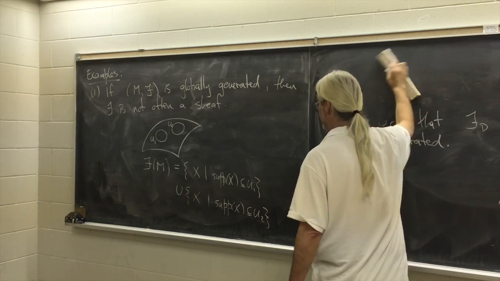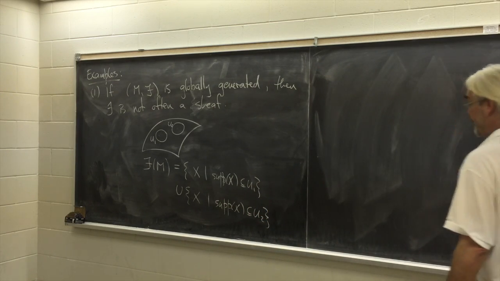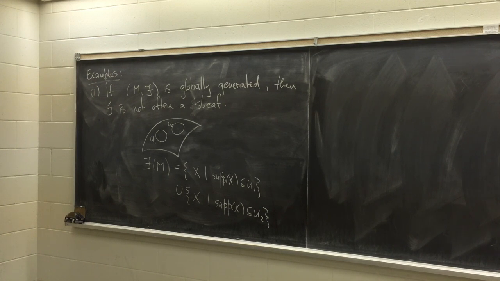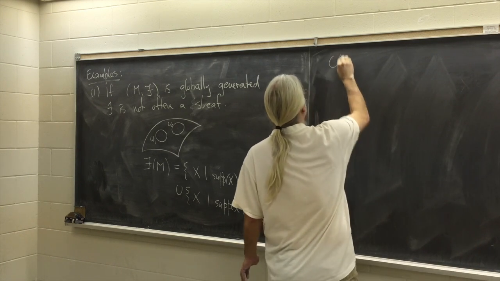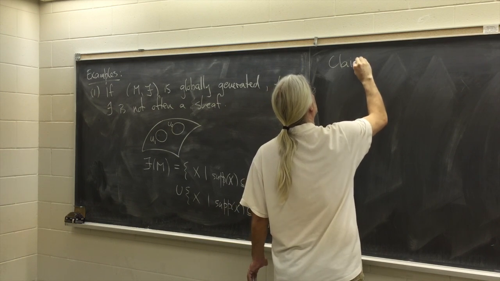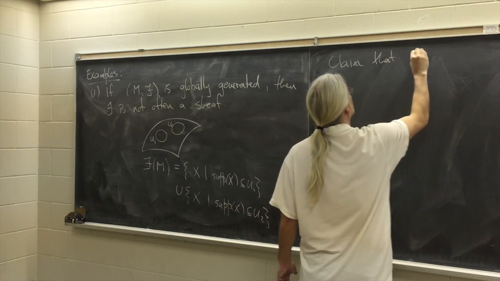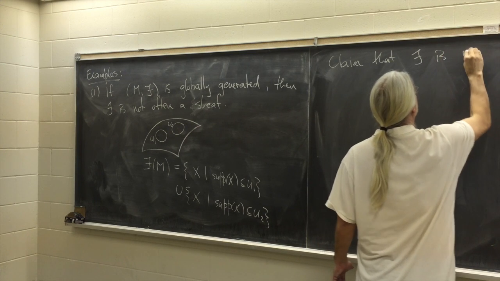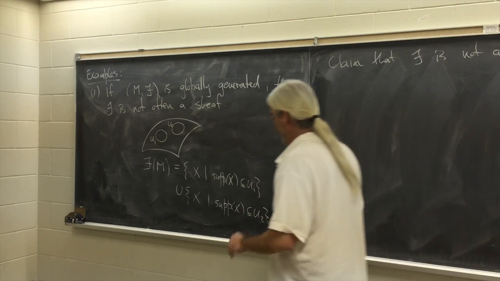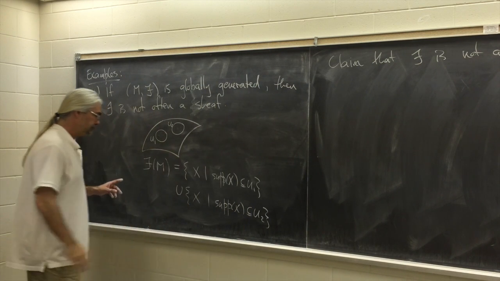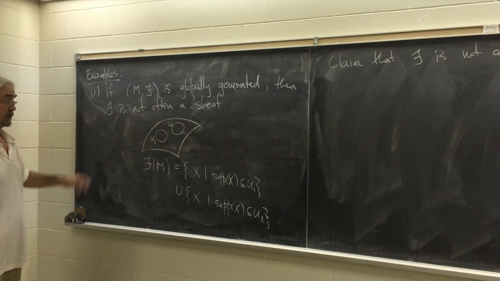All right, so I claim that this presheaf, which is now a family of globally defined vector fields, I have the presheaf associated with that. I claim that that presheaf is not a sheaf. So let's see how this works.